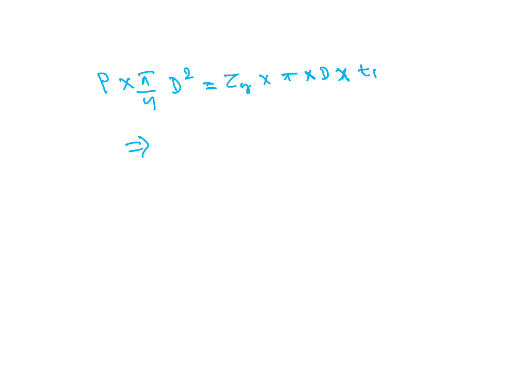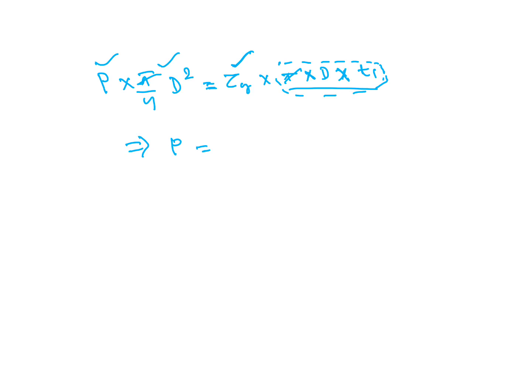So if you solve this one, pressure force equal to shear force. This is pressure, this is resisting area. Here this is yield shear stress and this is shear area. Solve this one.